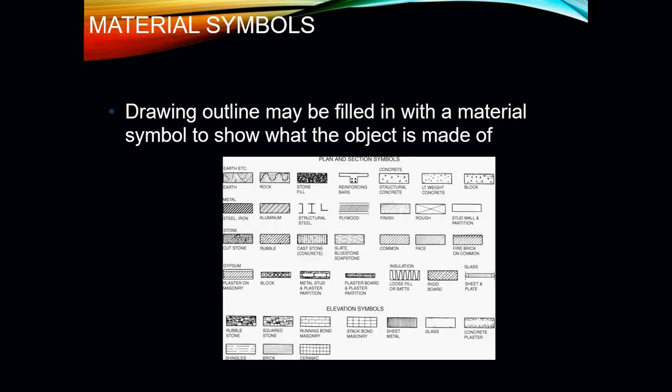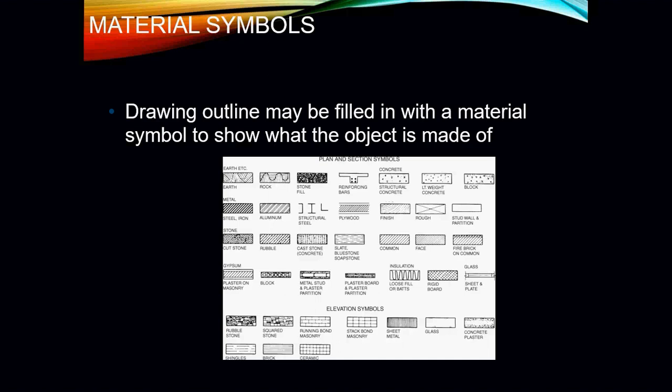Your drawing outline may be filled in with a material symbol to show what the object is actually made of. So it's going to tell us whether it's structural concrete. It could tell us if it's wood, plywood, aluminum, rigid board, or some sort of squared stone.